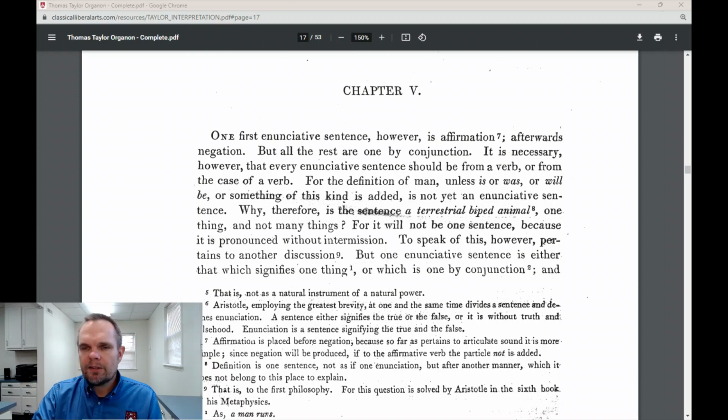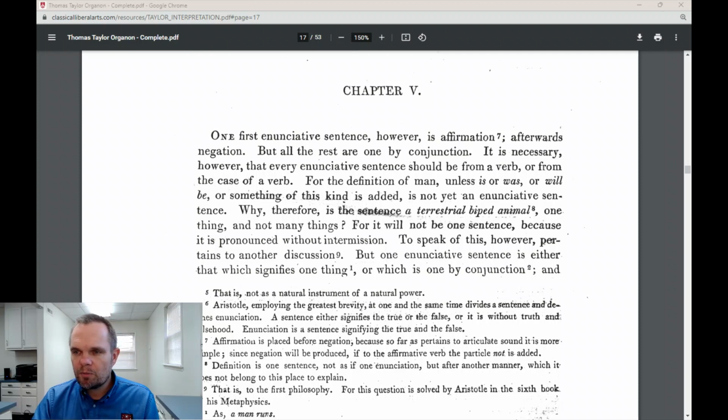"It is necessary, however, that every enunciative sentence should be from a verb or from the case of a verb." And by case of a verb, he's referring to different tenses, different forms of a verb. All right?